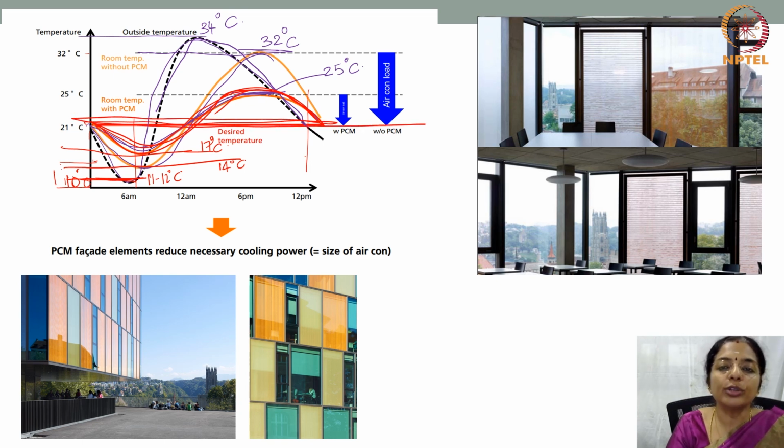So the load on the air conditioner with phase change material is only this much. Without a phase change material and with regular glazing, the load on the air conditioner is this much. And when you don't have any air conditioning system, then this is how much heat has to be thrown out.